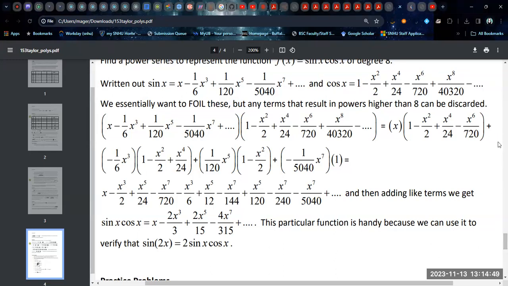I can take my sine expression and substitute in 2x and then divide the whole thing by 2. And what I should get is all of these terms are the same, if I've done my math correctly. So often generating these functions, there's more than one way to go about them. You do not have to brute force them every single time.